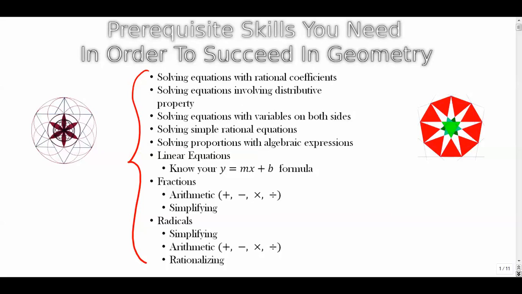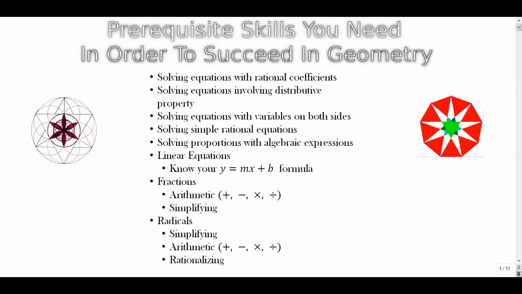These are not the only skills you need, but these are pretty much the biggest ones that I feel if you can go into this year knowing how to do these algebraic skills, I think you'll be okay. So as we go through, this is like your first big homework assignment of the year.